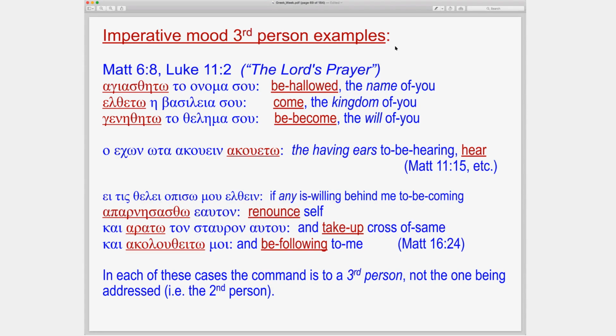He's speaking to an audience. He's not commanding the audience. He's speaking about the third person, the person who's willing to be coming behind him, to follow him. Renounce self, take up cross, and be following to me.